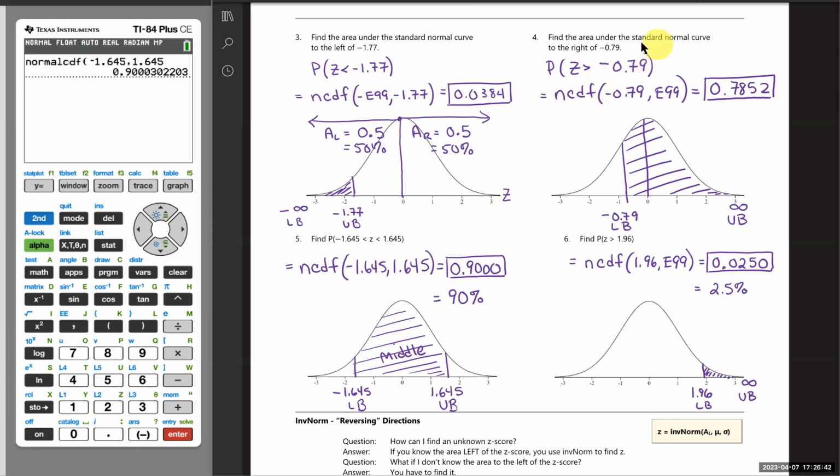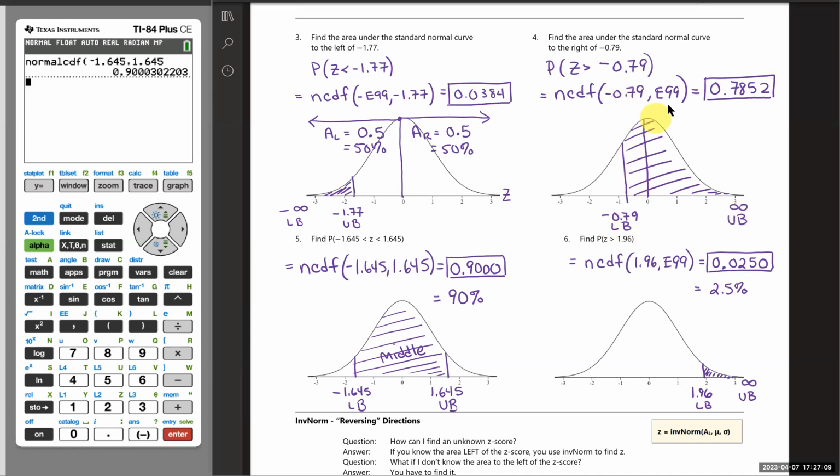And then another question with normal CDF, now looking for area to the right of a z-score. So once you know where your z-score is, shading to the right is probability of z being greater than that number. And anytime we're shading to the right, our order will be starting at the value and then going out to infinity for our upper bound.